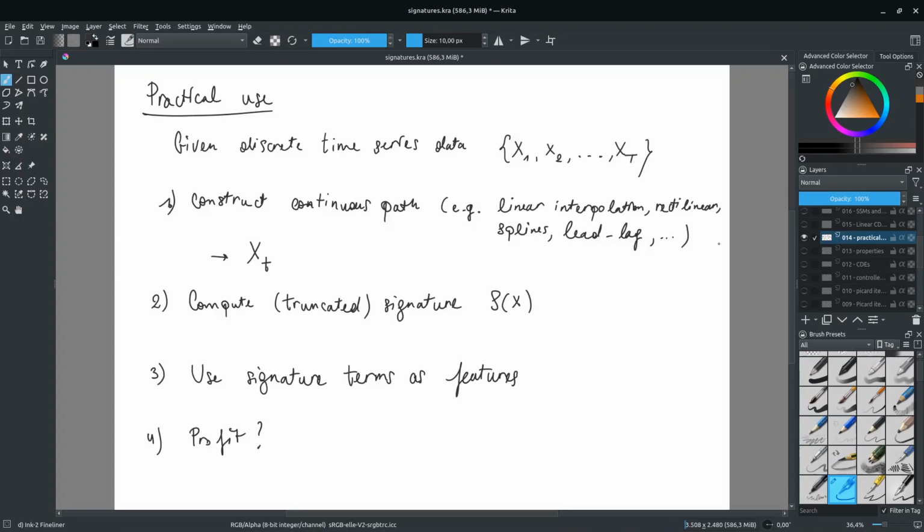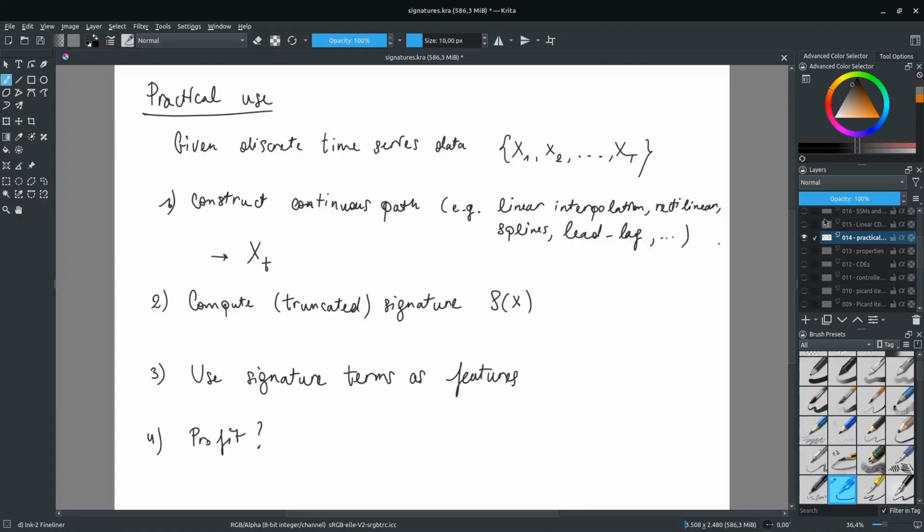Whatever you do, you get some continuous path that encodes your data, and now we can compute the signature of that. Of course you cannot compute the full signature, right? You don't have infinite compute, so you truncate it like you would truncate a Taylor expansion.